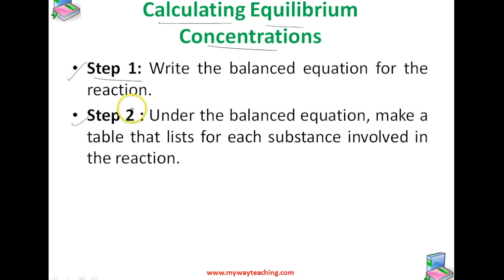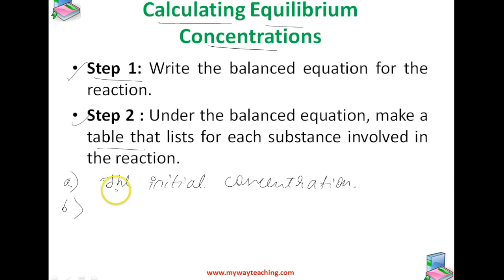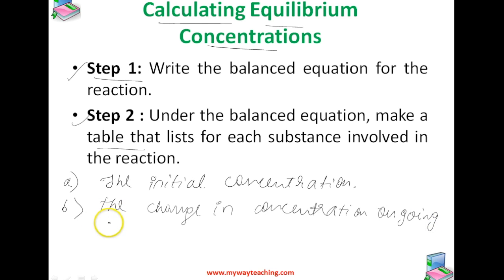Step 2: under the balanced equation, make a table that lists for each substance involved in the reaction: A, the initial concentration; B, the change in concentration on going to equilibrium; and C, the equilibrium concentration.